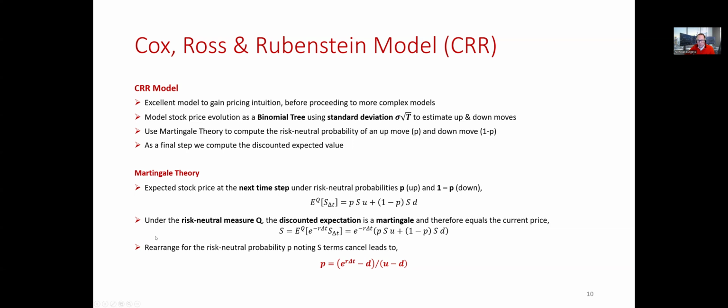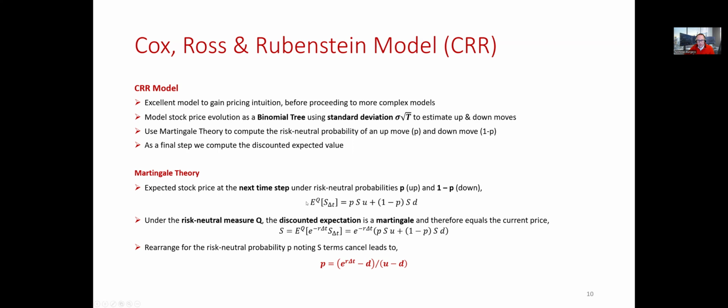Now, we have some extra information, and this is where we use the critical result that we discussed on previous slides. Under the risk-neutral measure Q, when we're using the cash account as our numeraire, the discounted expectation of the stock process is a martingale and therefore equals the current price.